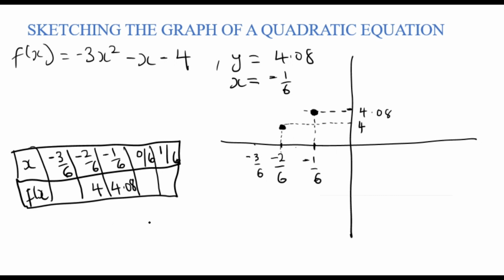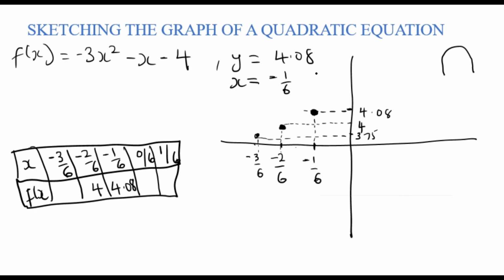Minus 3 out of 6 gives you 3.75. So 3.75 is here. Now, as this is not drawn to scale, usually your parabola will look something like this.